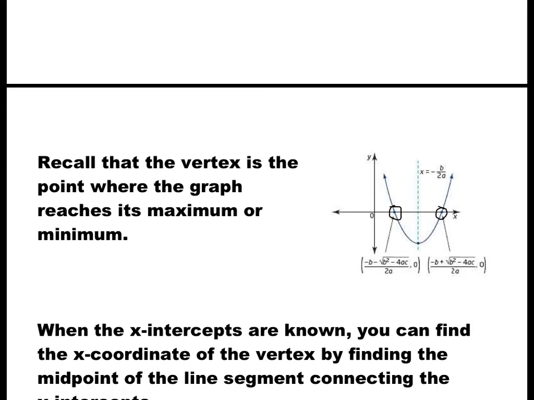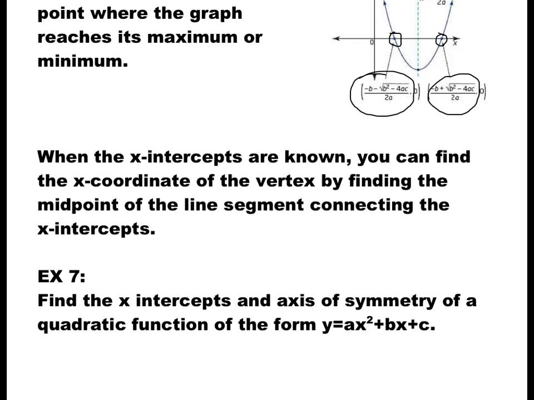And we found out using the quadratic formula that the roots are negative b plus or minus square root of b squared minus 4ac over 2a, which represents the x-intercepts of the quadratic. Now, using the quadratic formula, I can easily find the x-intercepts, and from the x-intercepts I can find the x and y coordinate of the vertex, and from there I can plot the parabola.